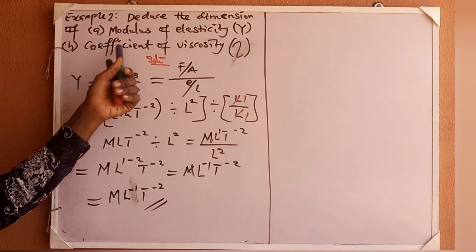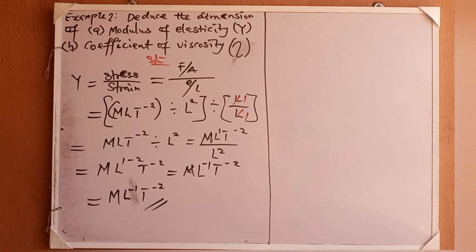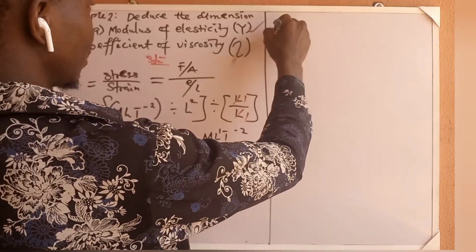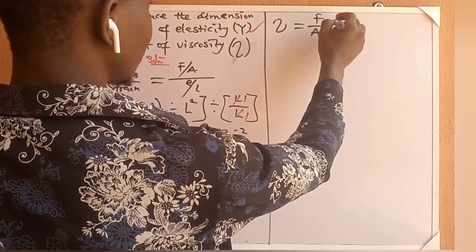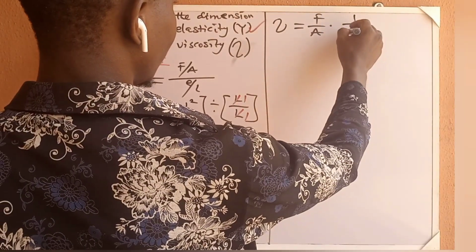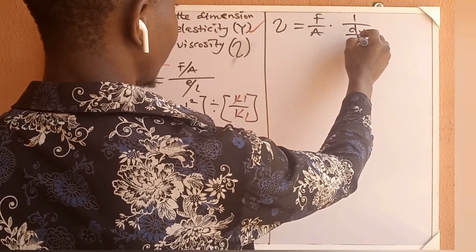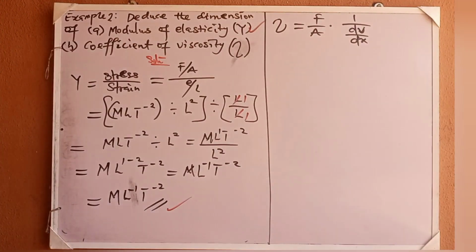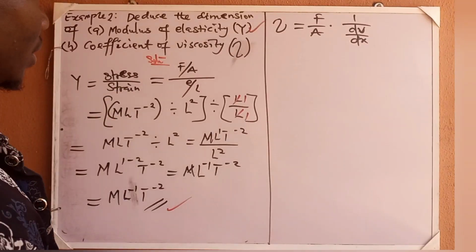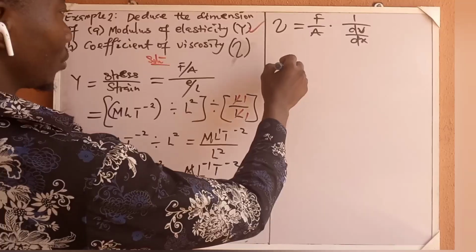Now let's go to coefficients of viscosity. Coefficient of viscosity is given by tangential force per unit area all over the velocity gradient, dv/dx. This gives us the coefficient of viscosity. Again, we're going to substitute to solve.